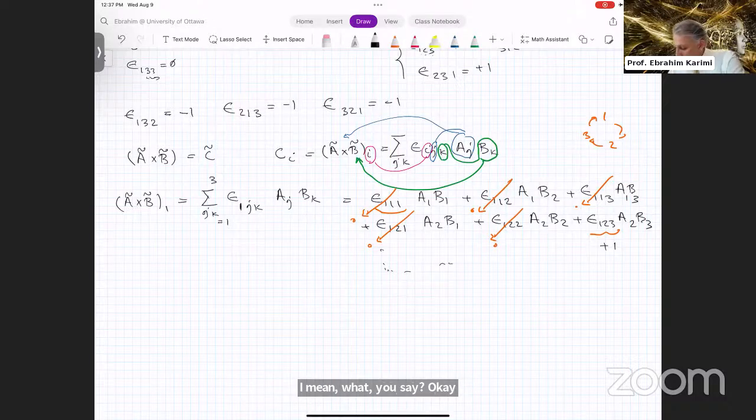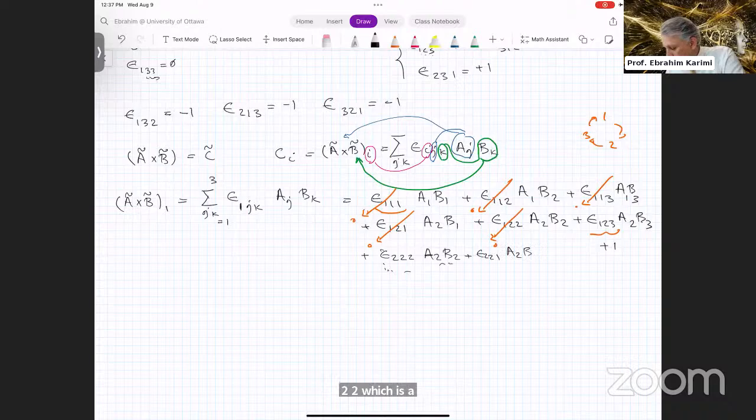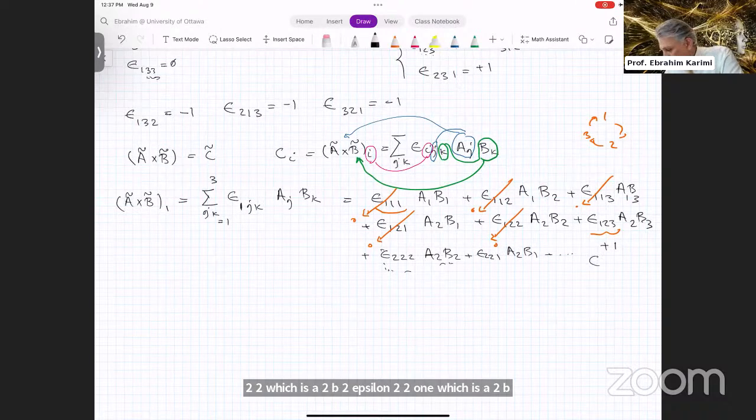So if you do the rest of the calculation, you will have epsilon, for example, 2 2, which is A2, B2, epsilon 2 1, which is A2, B1, and etc. And as Amir Hussein says, we have epsilon 1 3 2, A3, B2.